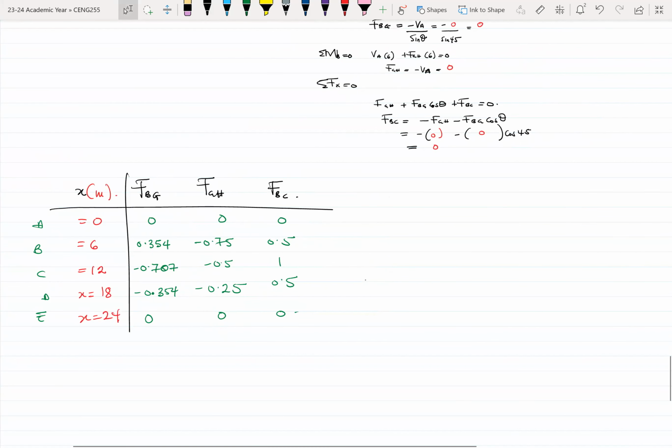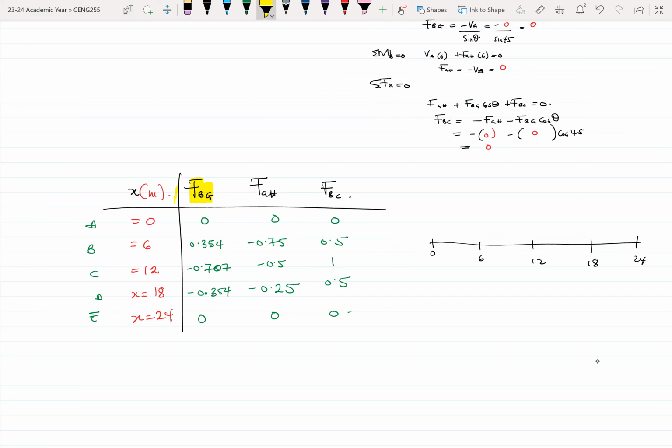So in this case, this is the bottom chord of our bridge, so I have 0, 6, 12, 18, and 24. Now, looking at FBG, for example, at 0 meters the value of FBG is 0. At 6 meters, it jumps to 0.354.